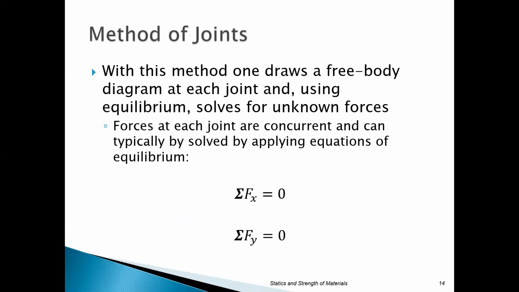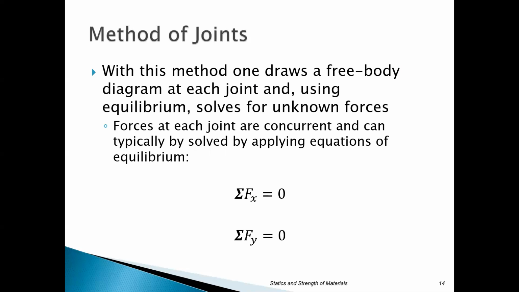So we know what that means, is that all of the lines of action are coming through the same point, and the point they're coming through is the joint. Okay, so everything's coming through the joint. That means we only have two equations. So we have sum of forces in X have to be equal to zero, and sum of forces in Y have to equal zero.